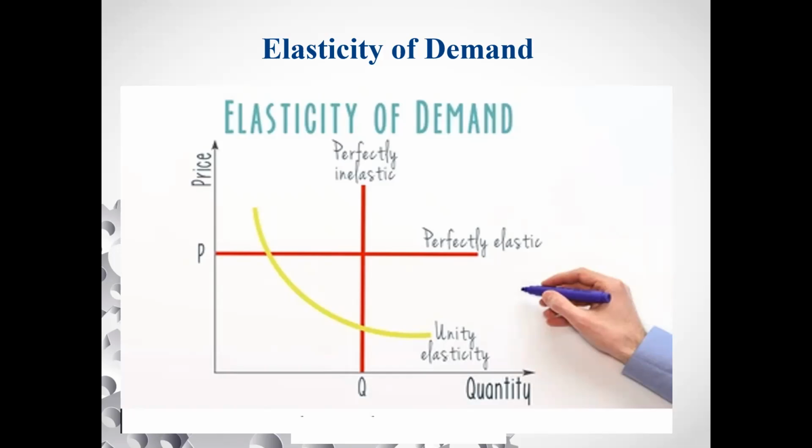Also the quality of the service provider. If the quality of the service provider is of a high standard, then the demand will also increase. And when the demand extends over a larger time, we have to adjust over a period of time.